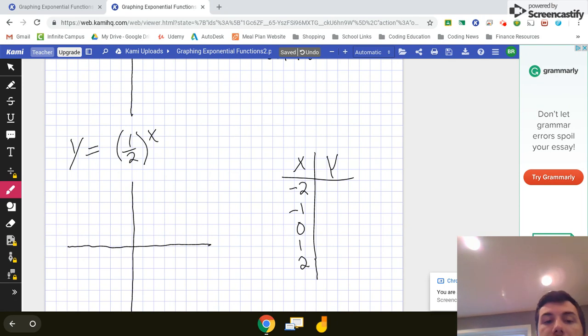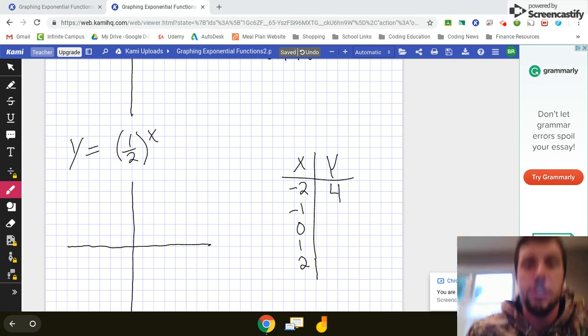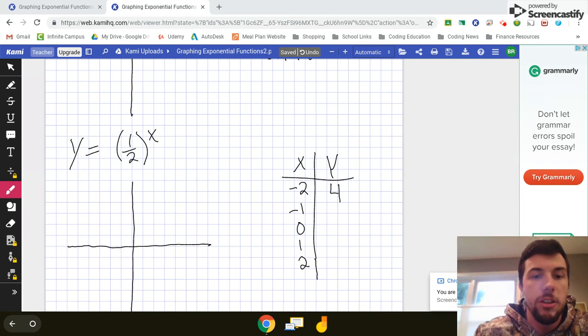Okay, and so if you plug these into your calculator, go ahead and type those in and see what they look like. So if you plug in -2 for this exponent right here, hopefully your calculator tells you that that is +4. Okay. When you type -1 into your calculator, that hopefully gives you +2.